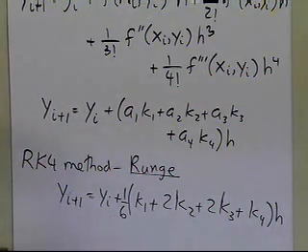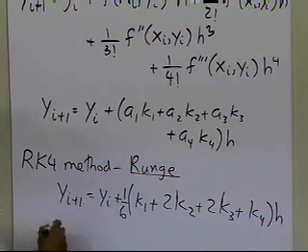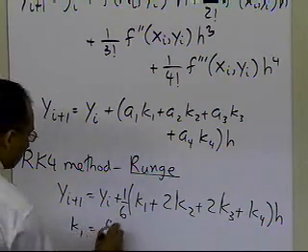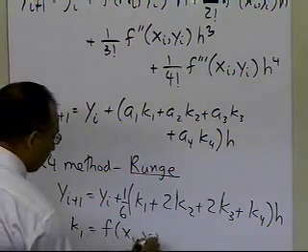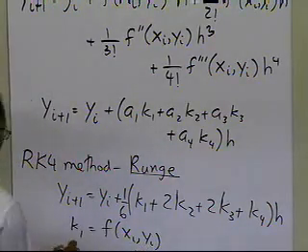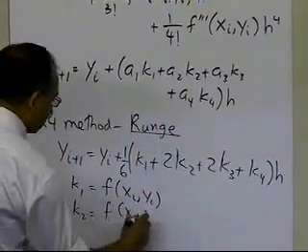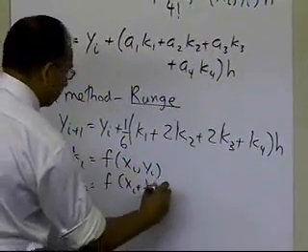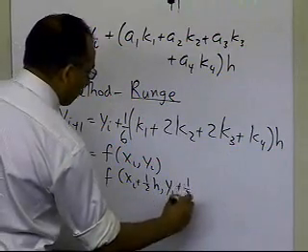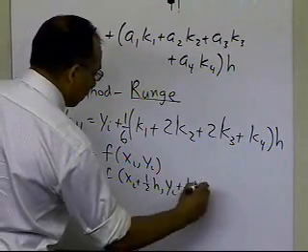So what are the values of K1, K2, K3, and K4? K1 is given as the value of the function f at x sub i comma y sub i. K2 is given as the value of the function at x sub i plus 1/2 h, y sub i plus 1/2 K1 h.